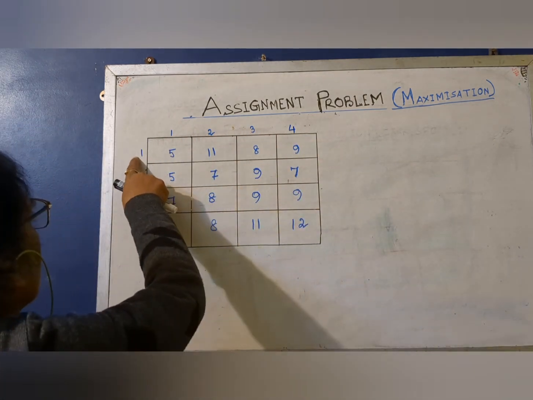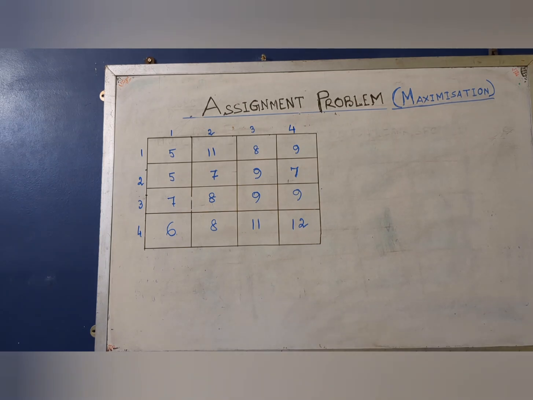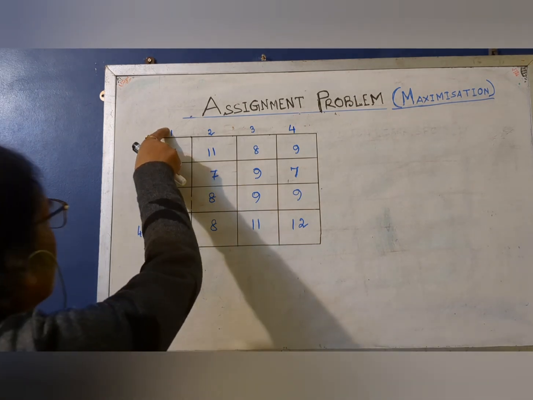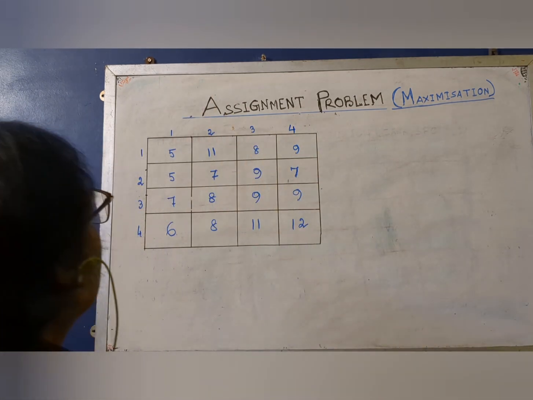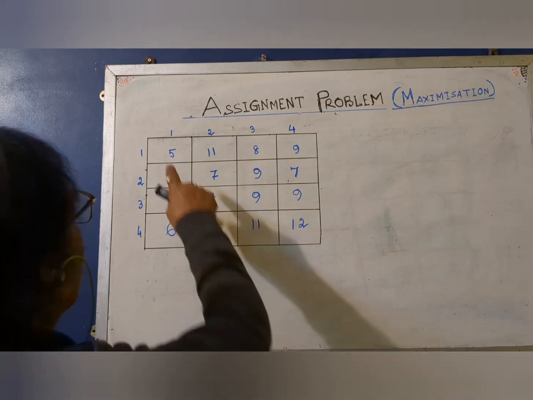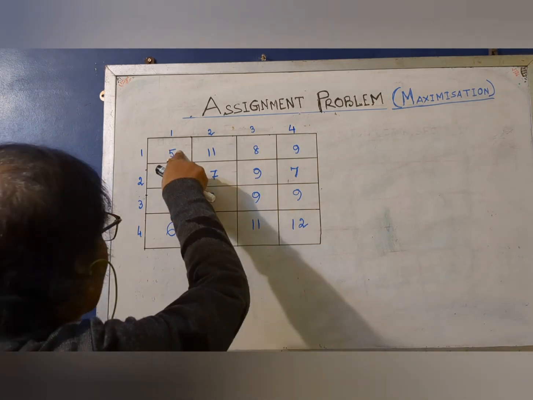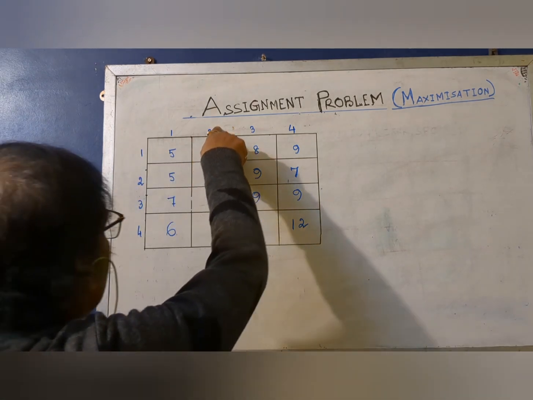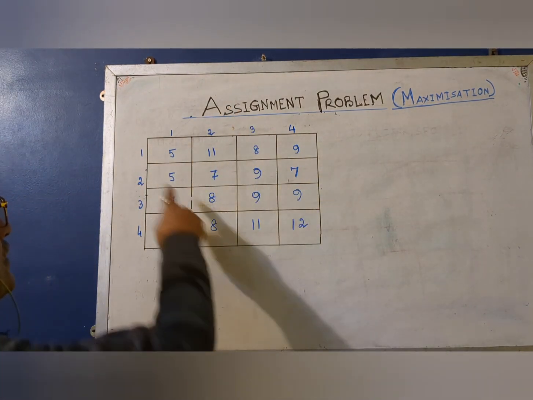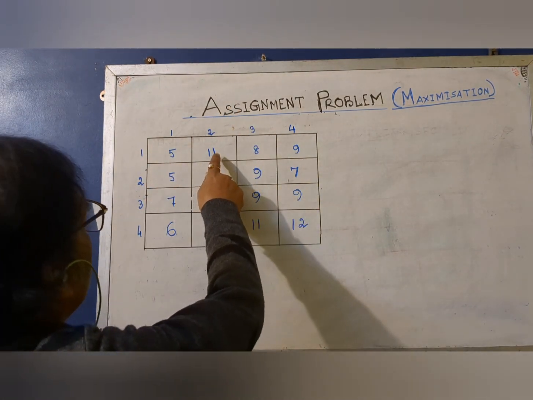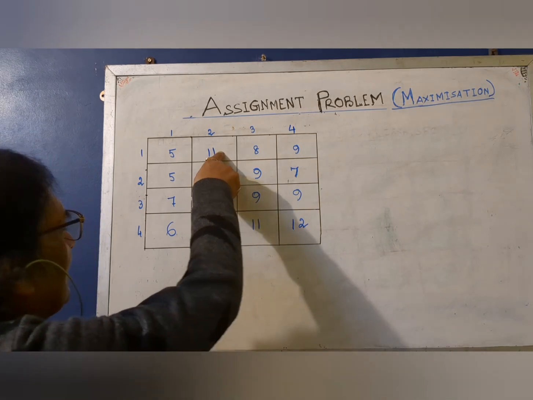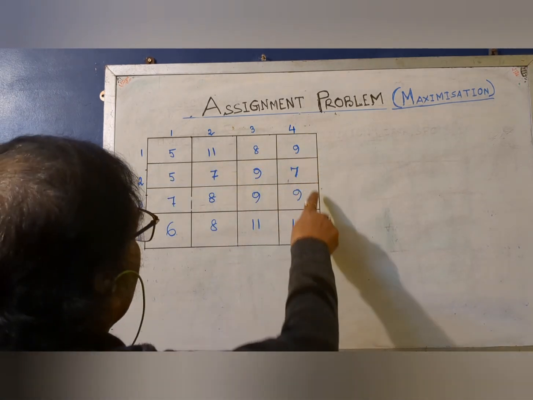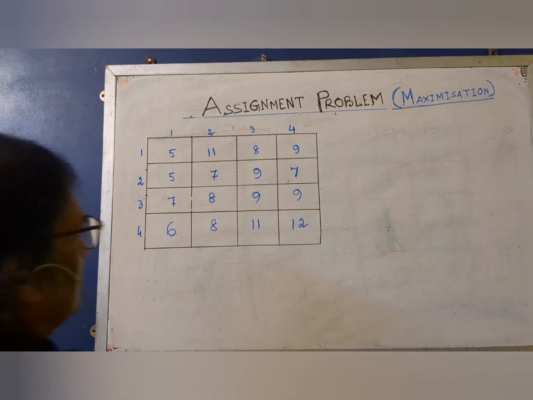If this salesperson is attached to this sales market, then the profit earned will be, say, rupees 5 lakhs. This is 5. The same salesperson, if attached with the second selling market, then the profit earned will be 11 lakhs. In this way, the matrix has been given.